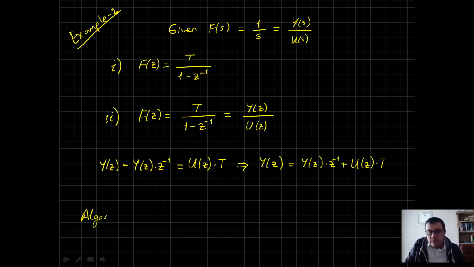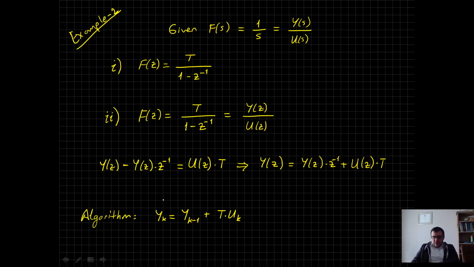Algorithm is yk is equal to, so the output at the kth step is equal to output at k minus 1 step plus t times input at the kth step. Okay, now have a fresh air and think of this output.